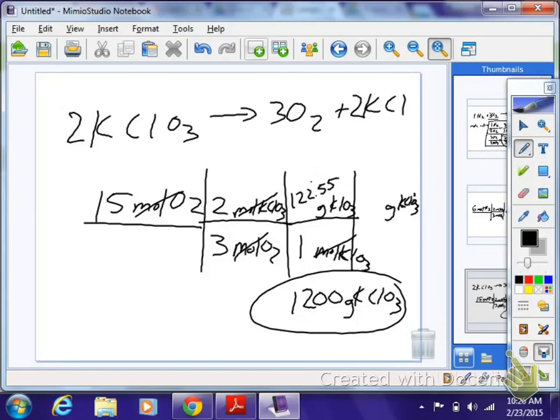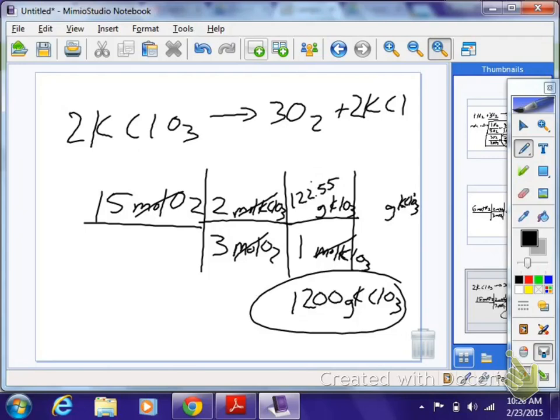Okay? So what we're going to do is look at one problem in the book. I'm going to have you do the first 2 steps to see if you can set it up, based upon what I have up here. I'll leave this up here. Turn to page 308, number 1. They give you the balanced equation.